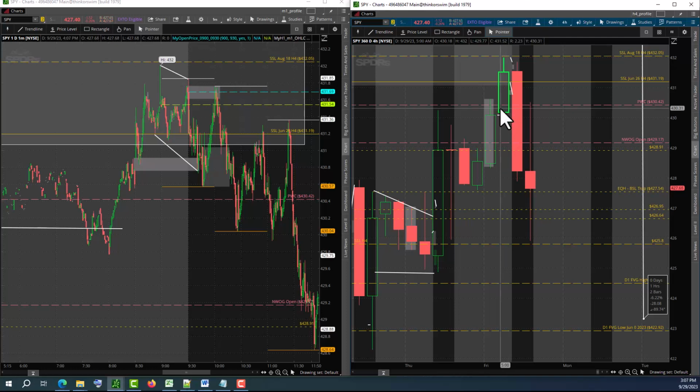It starts at 5, and I think it finished at 8:59. So at 8:59 right here, it finished around there. That is the high for this candle. And then this candle is at 9 o'clock right here. It makes a lower high right here. You see that? So basically it's from here to here.